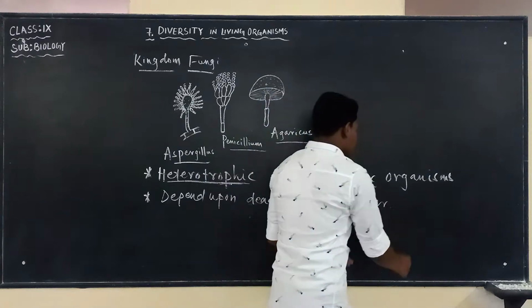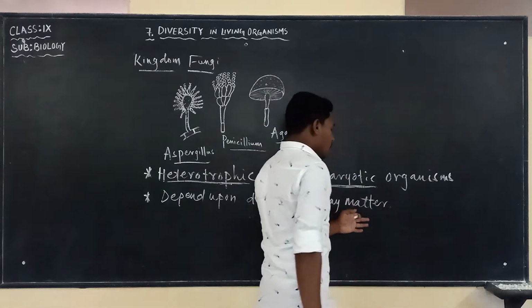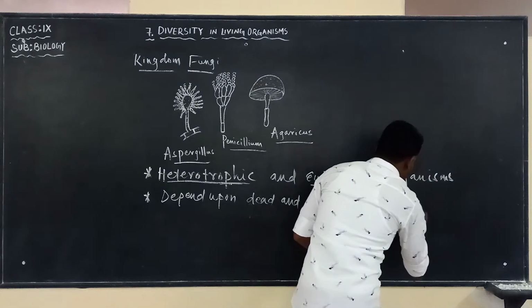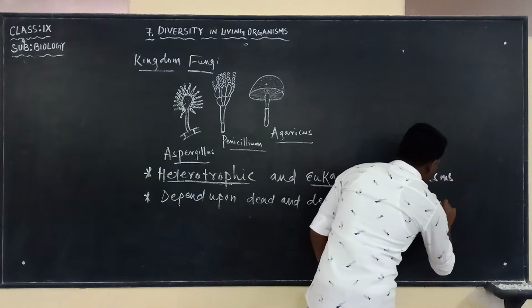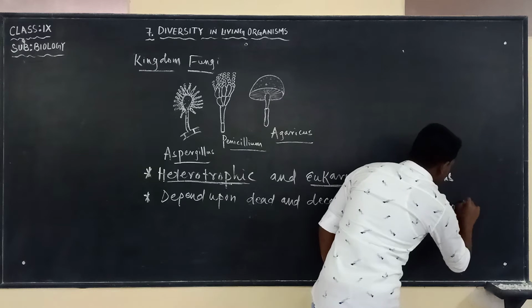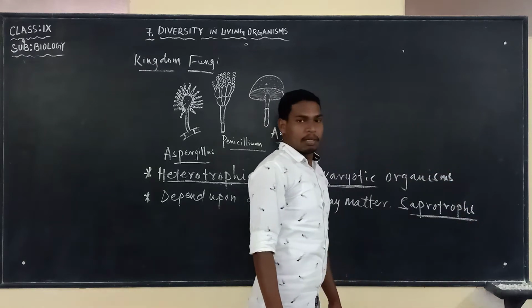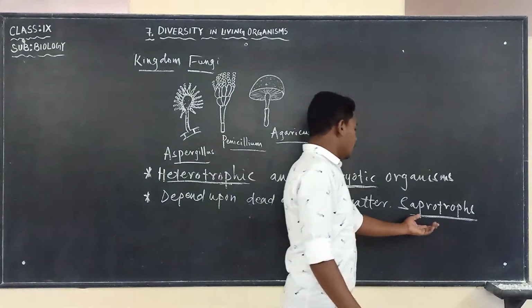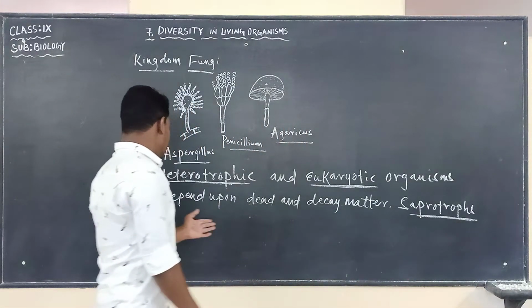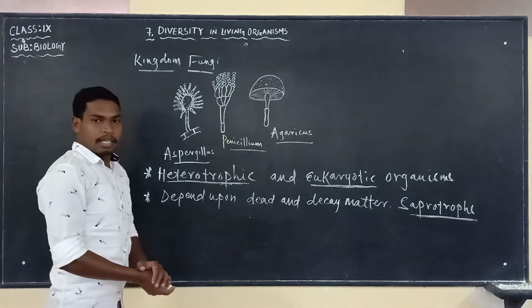That's why they are also known as saprotrophs. Their mode of nutrition is saprophytic, so they depend upon dead and decayed matter.